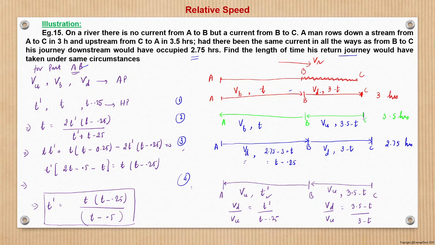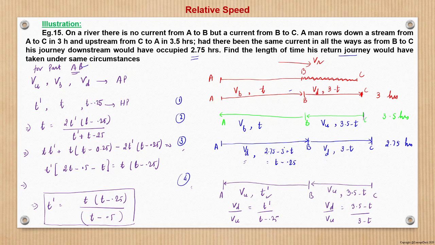So that is downstream VD into 3 minus T. Now in the upstream, the boat will come from C to B at a speed VU, and from B to A, again no stream, so it will be VB. Since there is no motion in the AB part, the effective speed remains VB in both cases. So if this is T, the other will be 3.5 minus T.